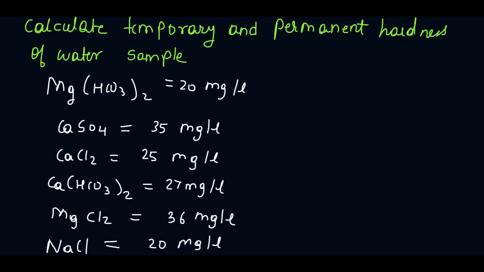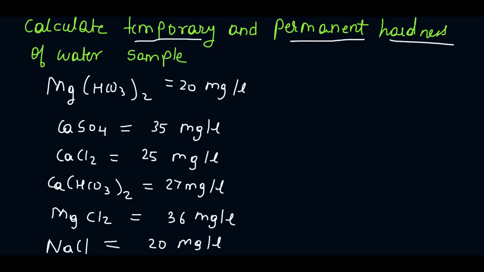The goal of this tutorial is to calculate the temporary hardness and the permanent hardness in the given sample. This water sample is given to us, in which Mg(HCO3)2 is 20 milligram per liter. This much hardness of the Mg(HCO3)2 is present in it.